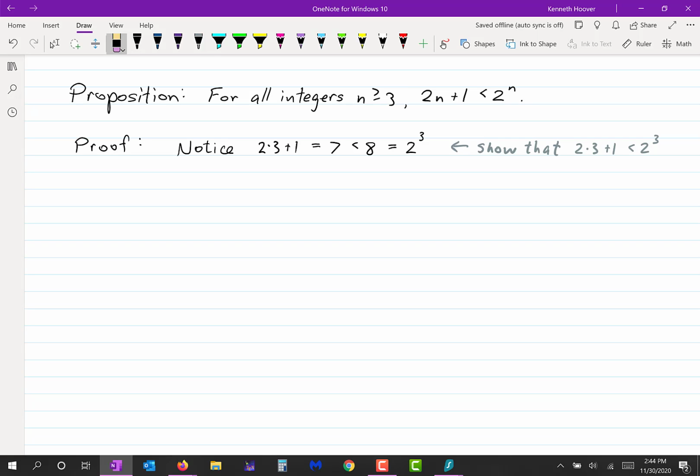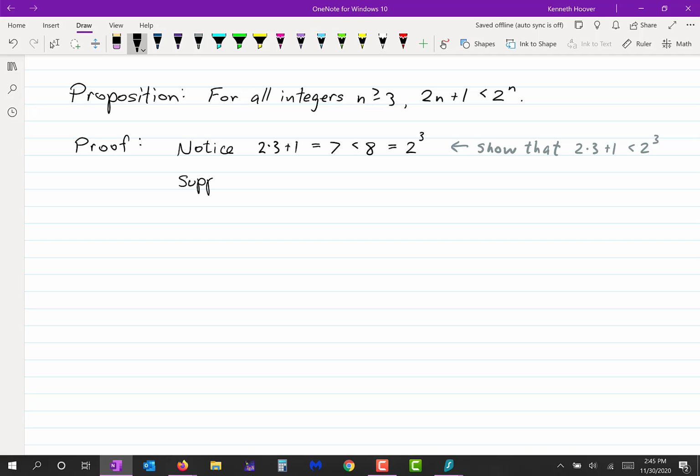Okay, so we're trying to prove 2 times 3 plus 1 is less than 2 cubed. So we write 2 times 3 plus 1 equals 7, which is less than 8, which equals 2 cubed. Okay, very important. All right, now our inductive hypothesis.